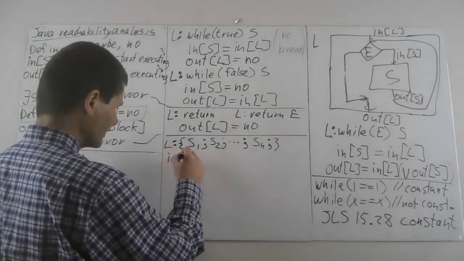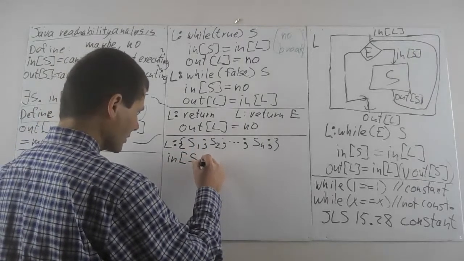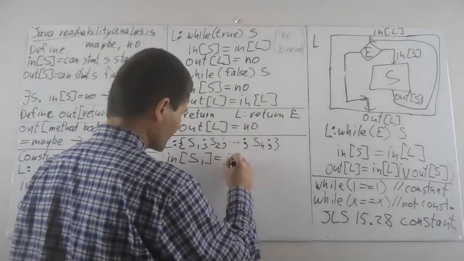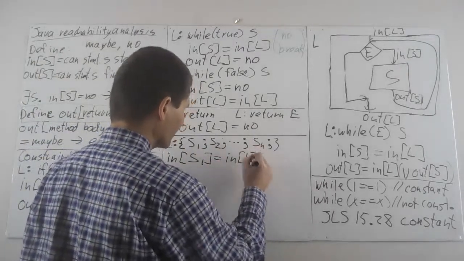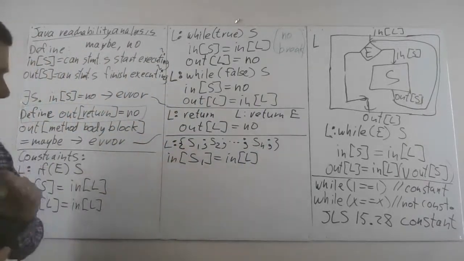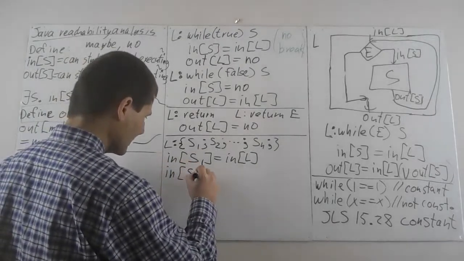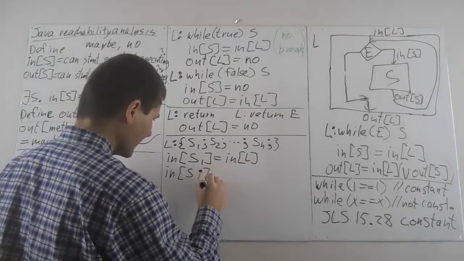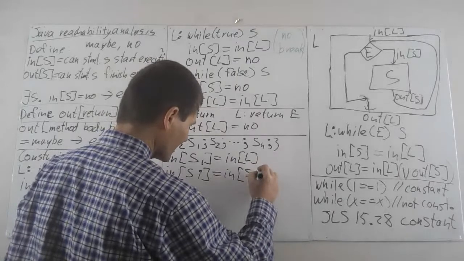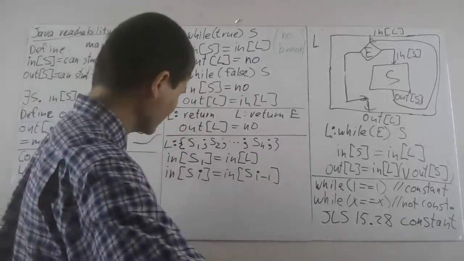So I need an in equation for each of the S i. So in of S1 is going to be in of L, right? So if the block as a whole can start executing, then the first statement of the block can start executing. And then in of S i is going to be out of S i minus 1, right? For each, no, not in, out.